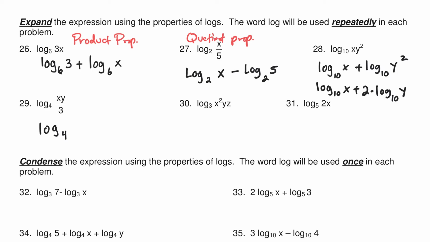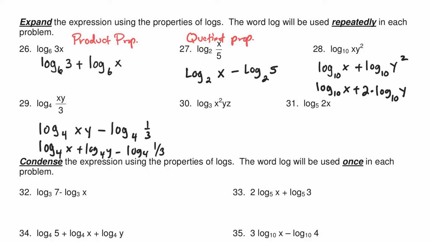You have log base 4, and then you're going to have x, y, minus log base 4 of 1/3. This is the product property. So you can expand this. So you have log base 4 of x plus log base 4 of y minus log base 4 of 1/3.